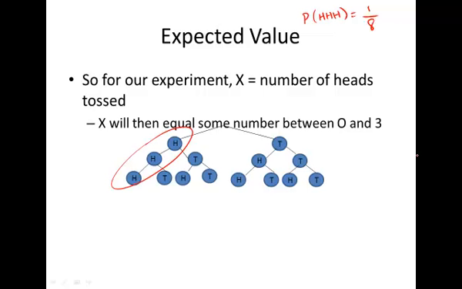Remember the 8 are HHH, the sample space, HHT, HTH, and so on. There's 8 of them. The probability of getting all 3 tails is also 1/8.